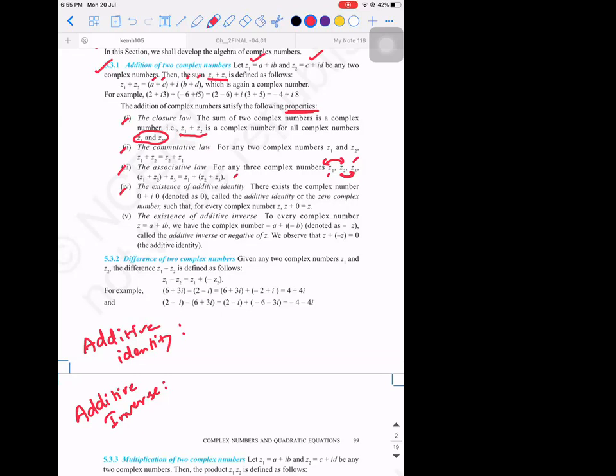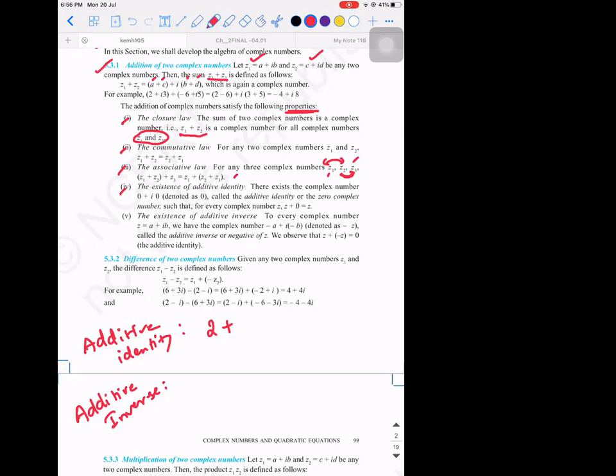Additive identity means, if I have a number 2, what number should I add to the given number so that I get back the same number?